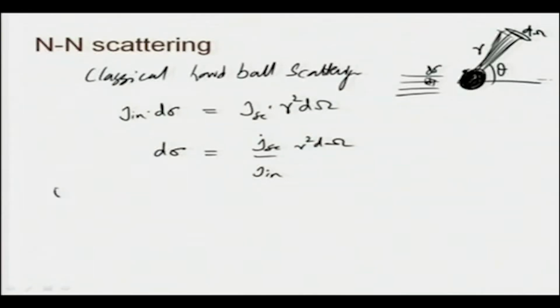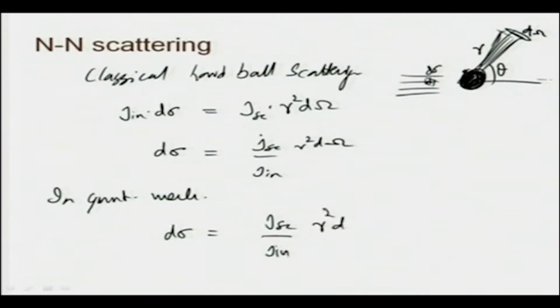And in quantum mechanics, we can again define d sigma as J sc, the probability current, over J in, the probability current of the incident particle, times r square d omega, as the differential cross section.